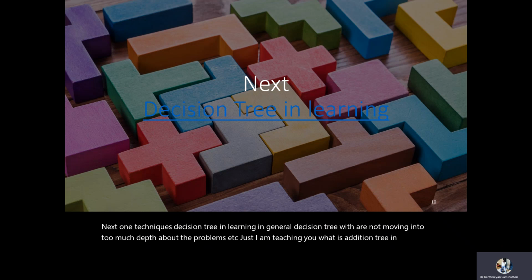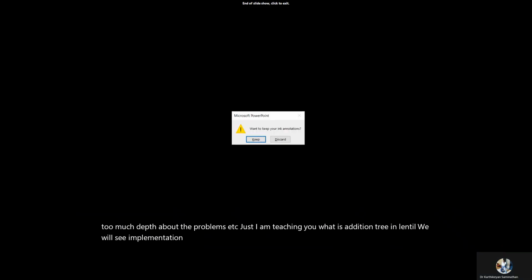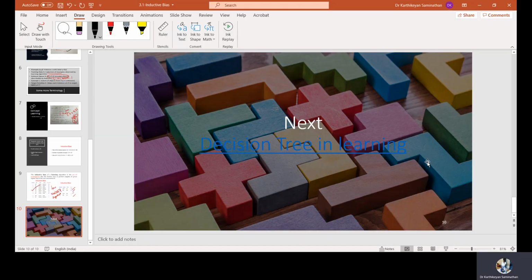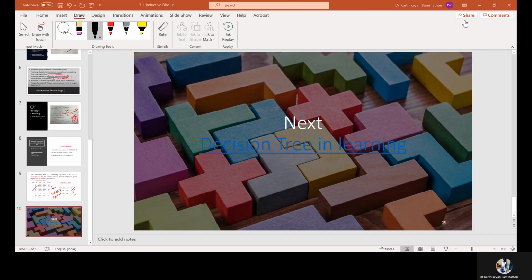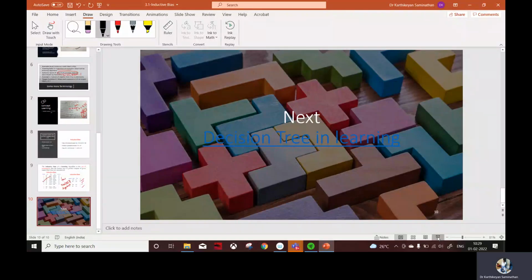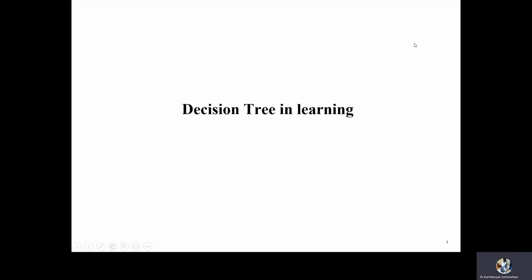Later we will see the implementation and everything. So what is a decision tree in learning?